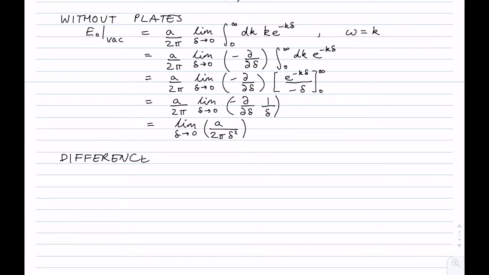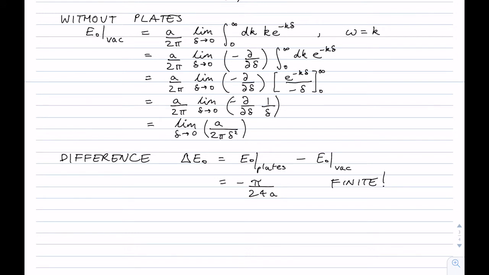The difference between the two infinities, delta E naught, so it's the change in the infinity, is E naught for the plates minus E naught for the vacuum without the plates, is now just equal to minus pi over 24a, which is finite. So that's the process called renormalization. You regularize and then you renormalize.